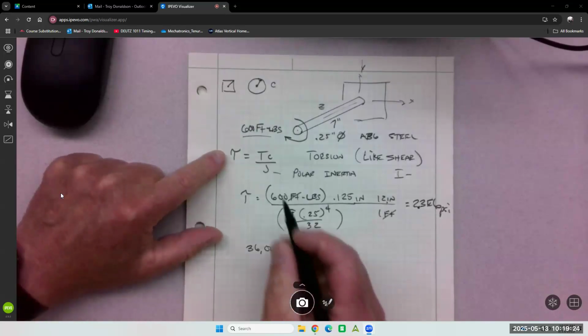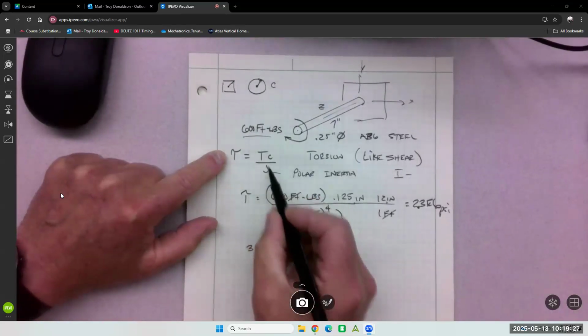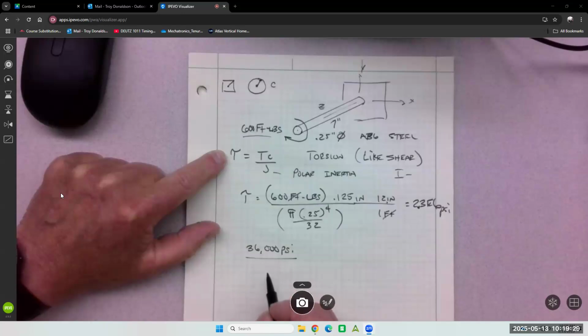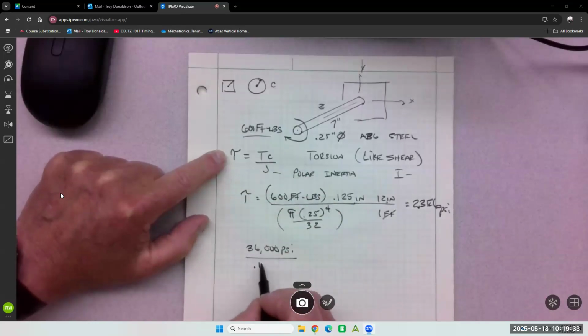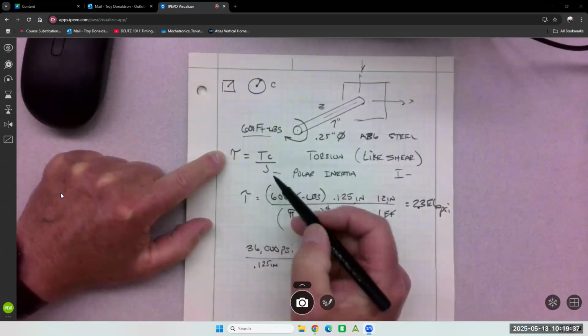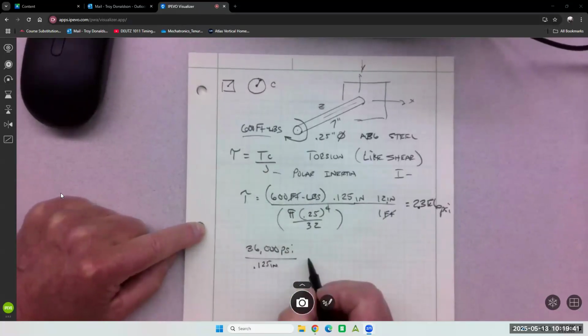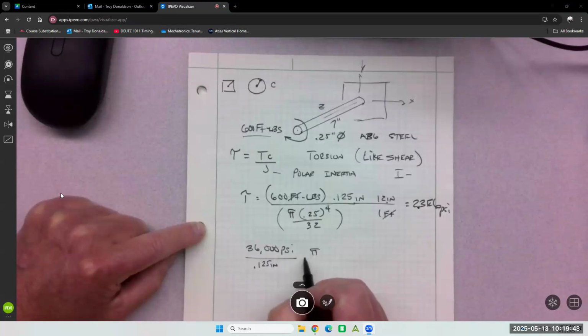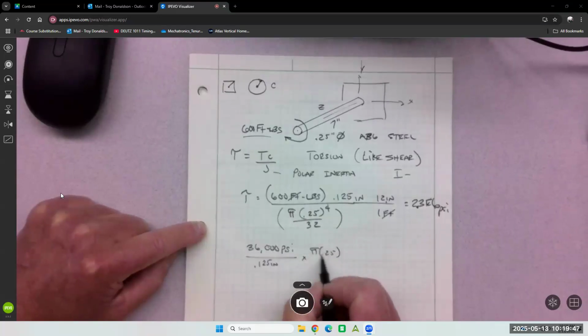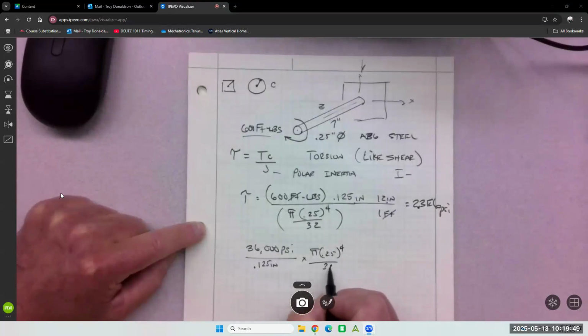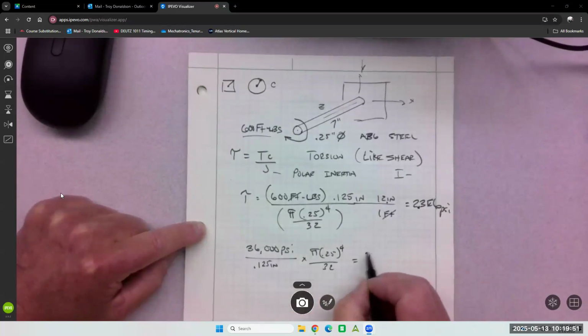So there's that. I want to isolate T. I'm going to move C down and over, and C was 0.125 inches. And then J comes across and multiplies. So J goes in here as a multiplier, and that's going to equal torque.